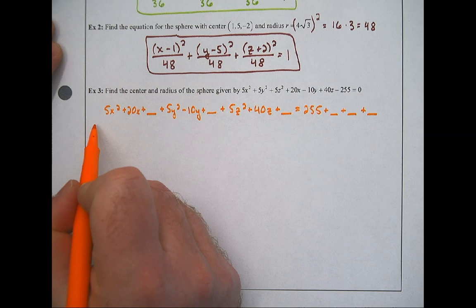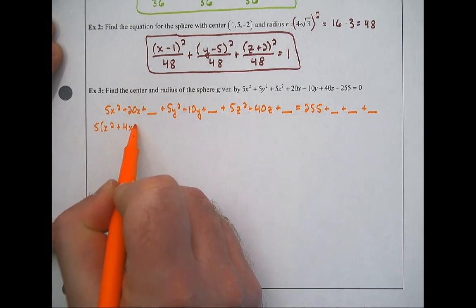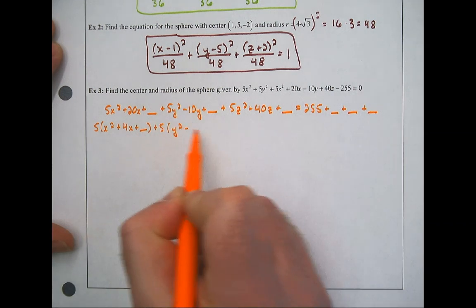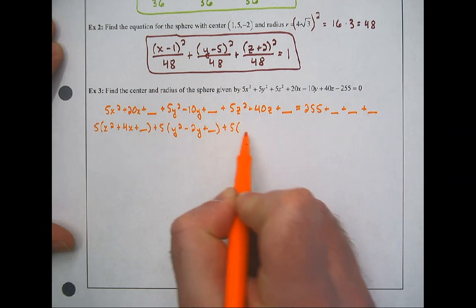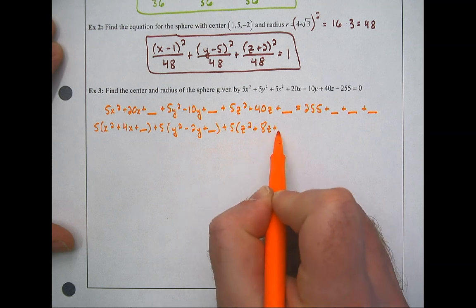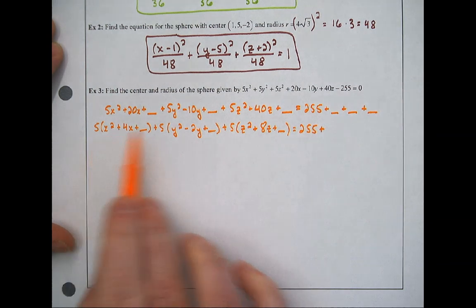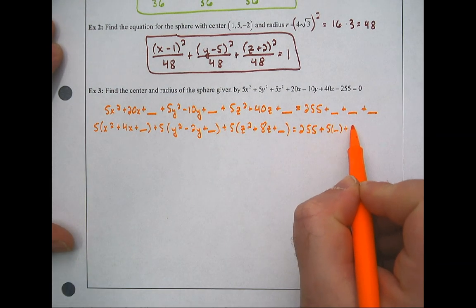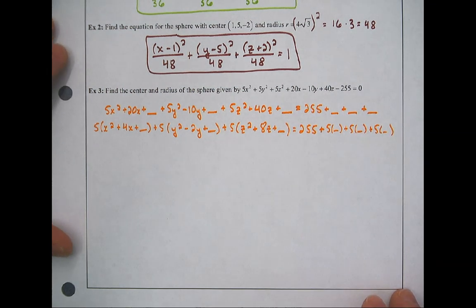This would look like 5 times the quantity x squared plus 4x plus blank, plus 5 times the quantity y squared minus 2y plus blank, plus 5 times the quantity z squared plus 8z plus blank, equals 255. Now, these blanks all have a 5 in front of them, so I need to go 5 blank plus 5 blank plus 5 blank. Now, there are some shortcuts, but I'm not going to show you the shortcuts.